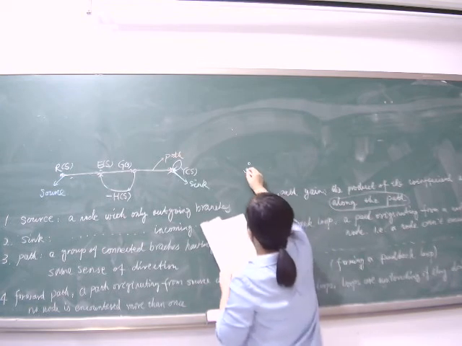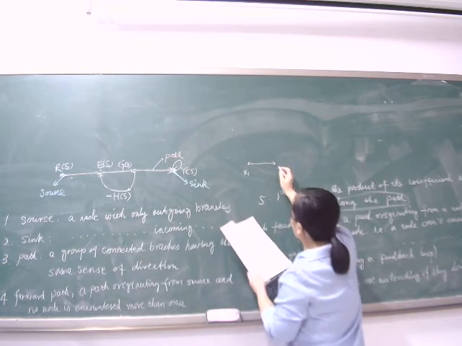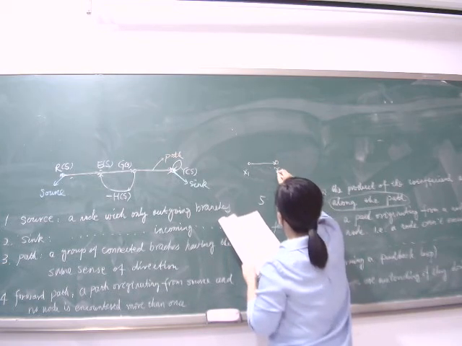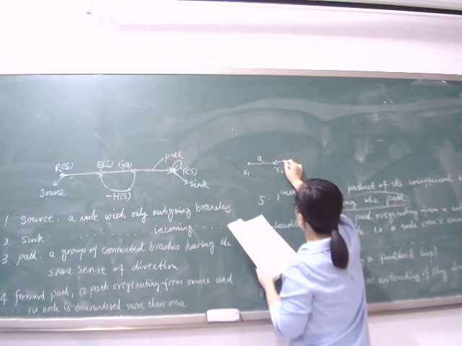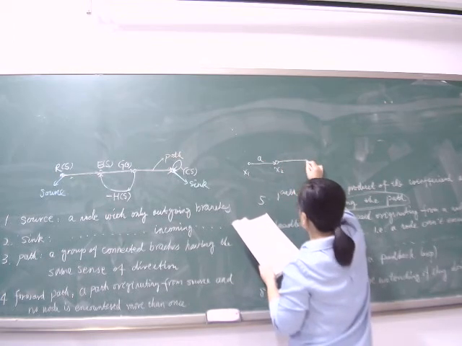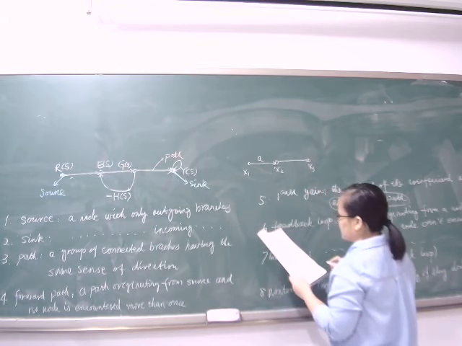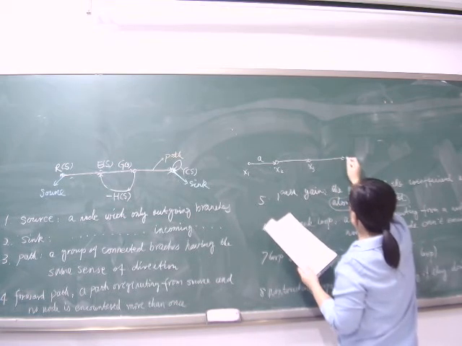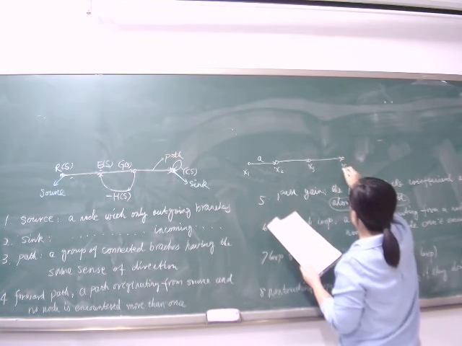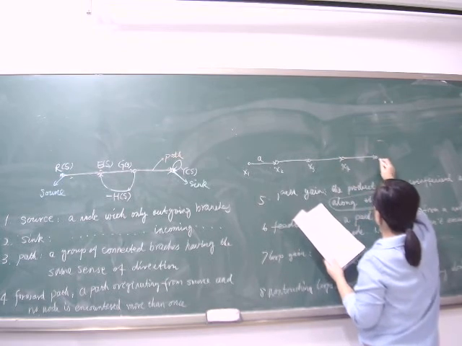This is x1, x2, and it's A. Then it's X3. Here is X4. Also, it's X5.